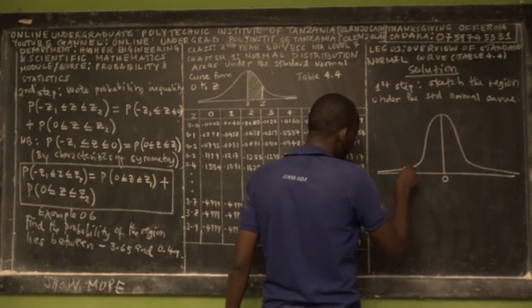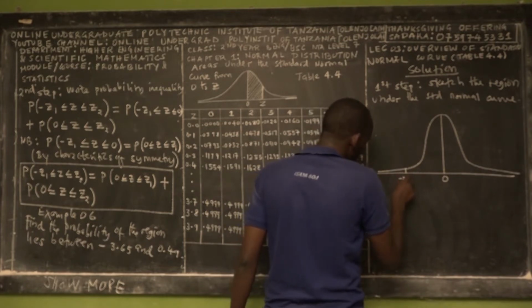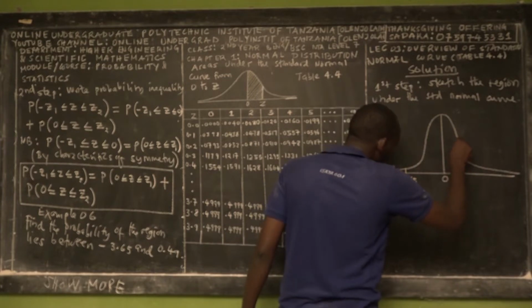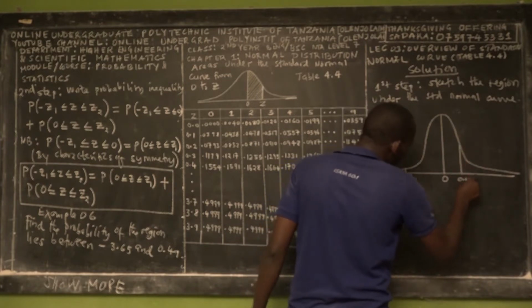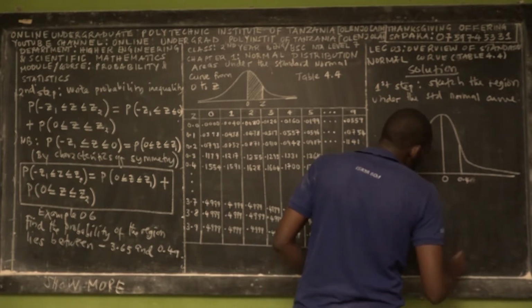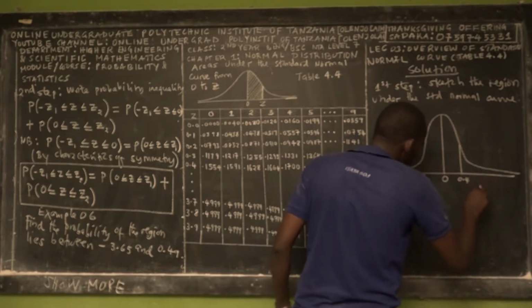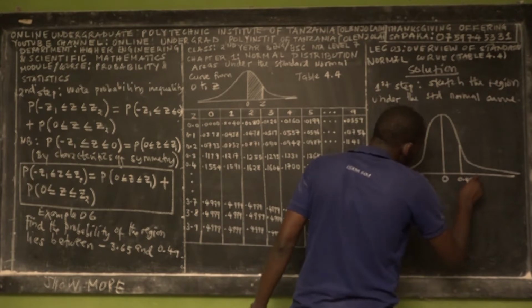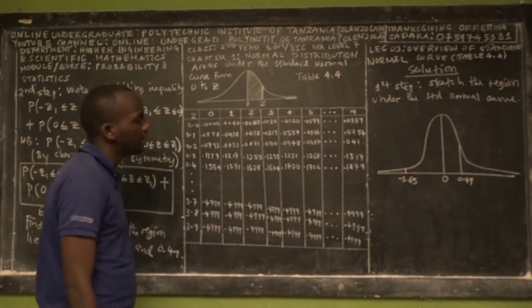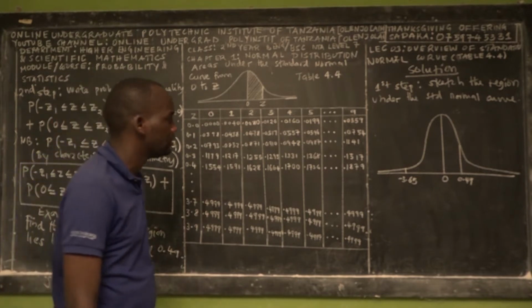So we have negative, suppose that this is -3.65, and then suppose that this is 0.49 positive. So we have been asked to find the area under the normal curve between -3.65 and 0.49.